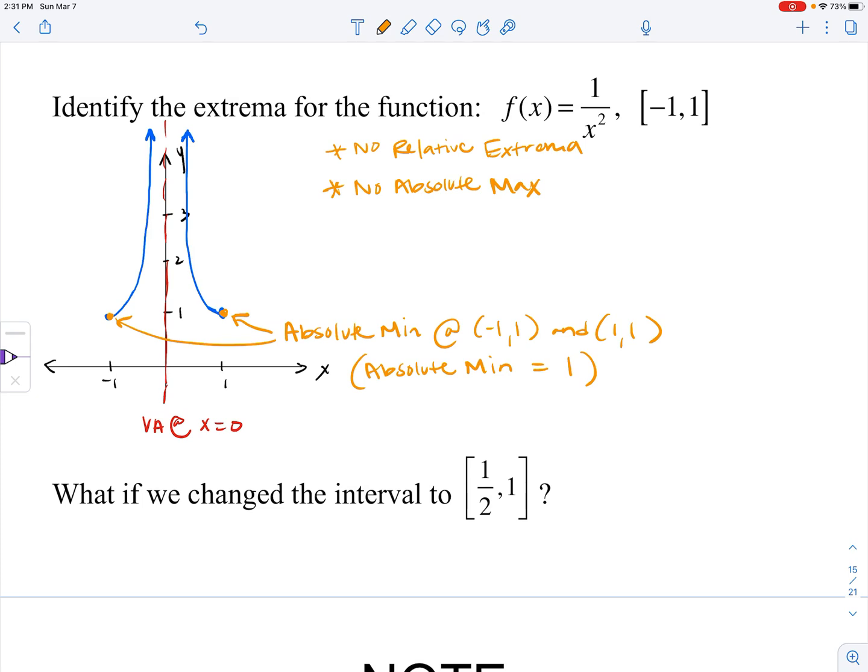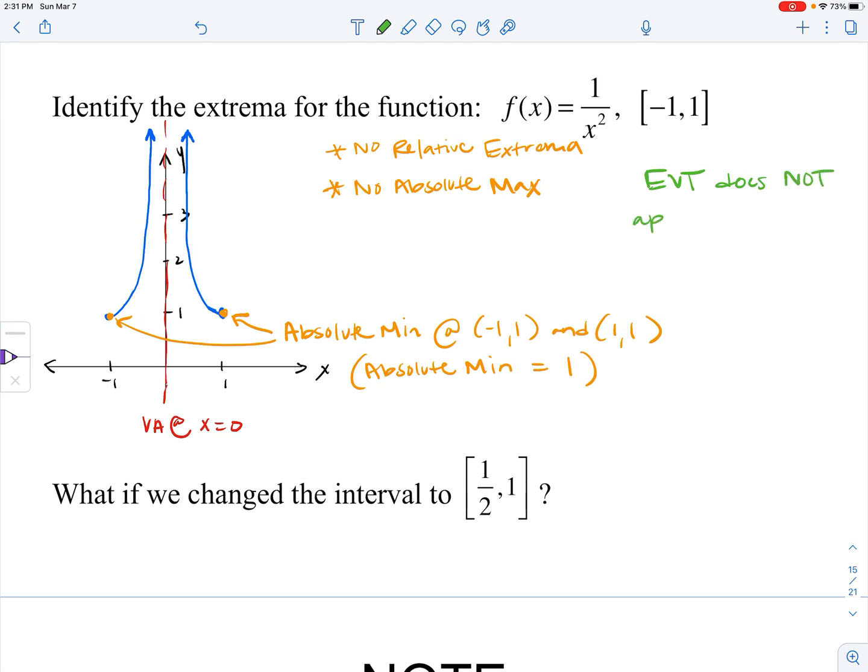And you're probably wondering, well, wait, we just looked at the extreme value theorem. We have a function defined on a closed interval, but the issue is this function is not continuous on that closed interval. Therefore, the extreme value theorem does not apply. I'm going to make a note of that.